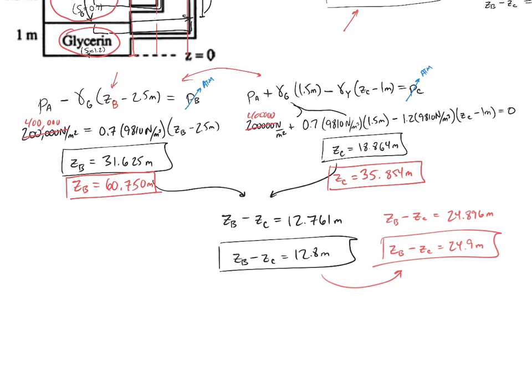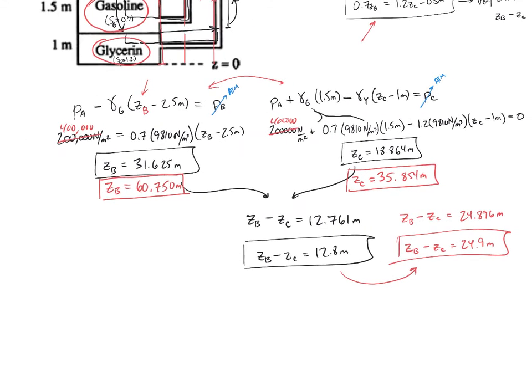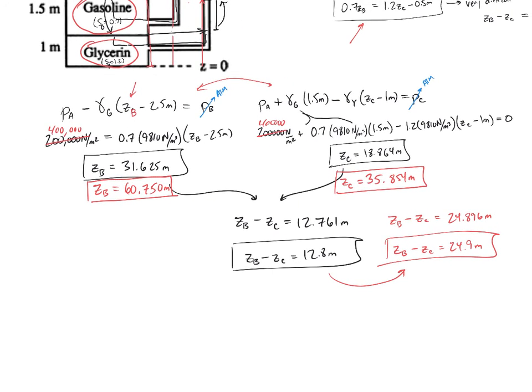Now, I will note that what would be interesting, of course, is if the atmospheric pressure went to 0. What would happen in that case? I guess I could solve that, but that's kind of uninteresting. Or not atmospheric pressure, if the pressure at A went to 0. I guess this situation would be a little bit weird.